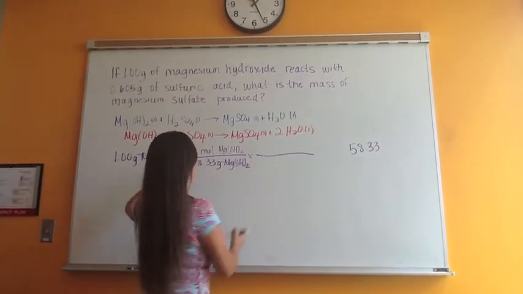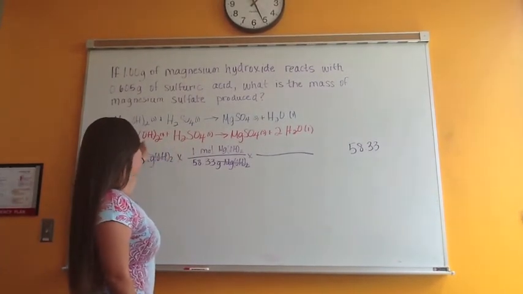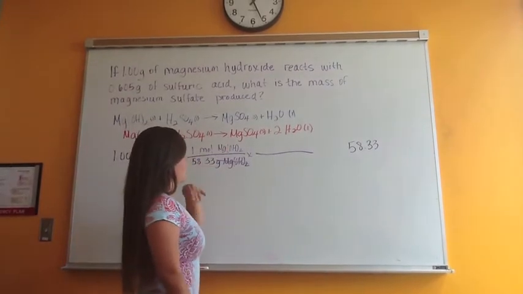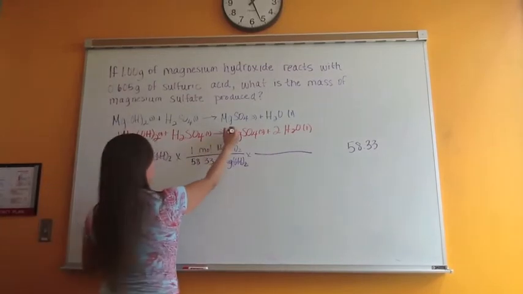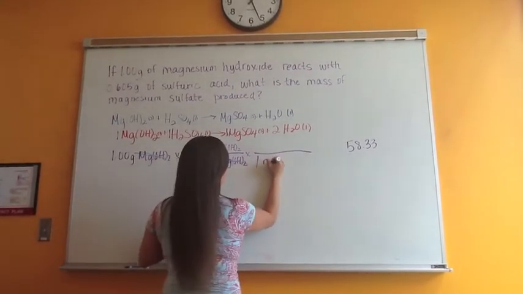Again, at this point we notice from our balanced equation that there's only 1 magnesium hydroxide and only 1 magnesium sulfate, so that's basically putting a 1 and a 1 in front. So it's 1 mole.